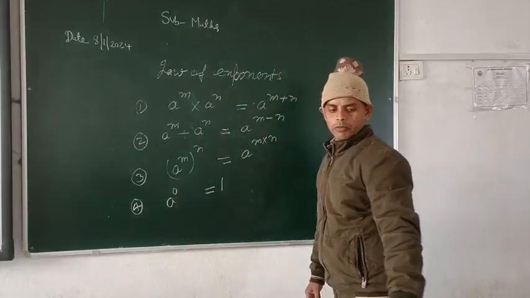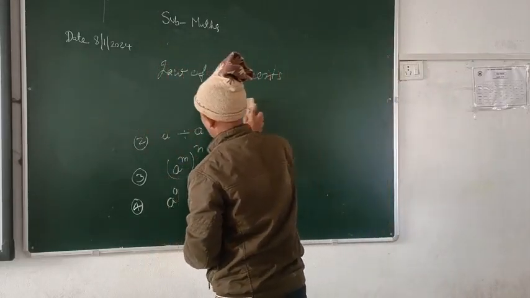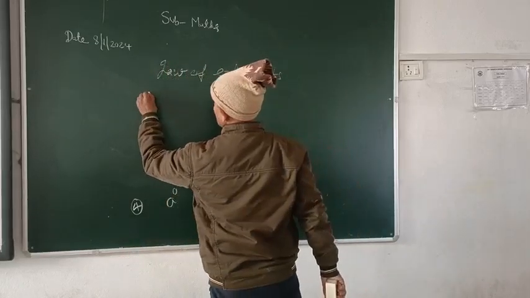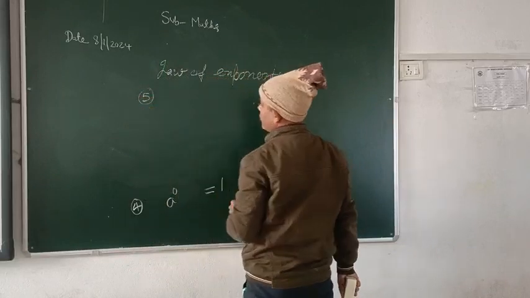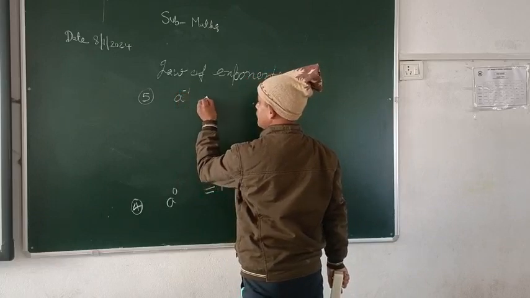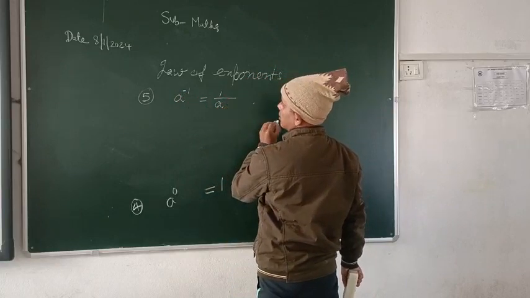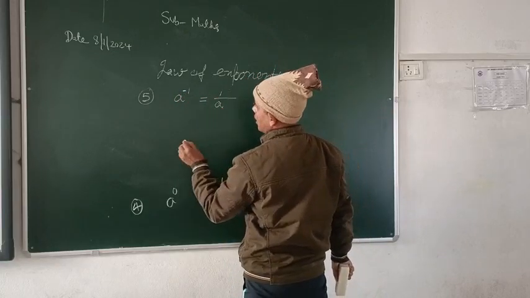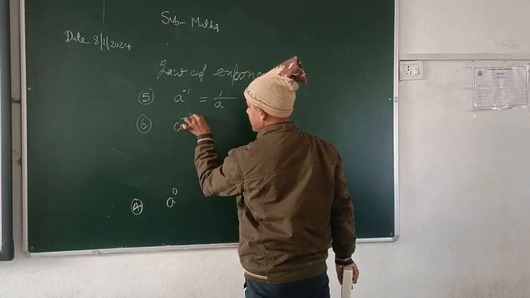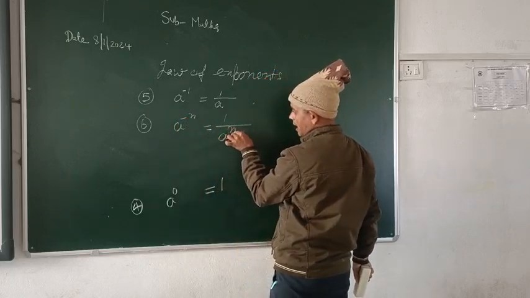And fifth one, a to the power minus 1, then we can write 1 upon a. Okay, and sixth one, if a to the power minus n, then we can write 1 upon a to the power n.